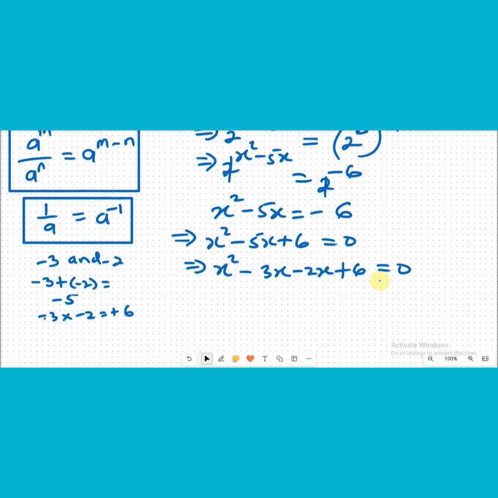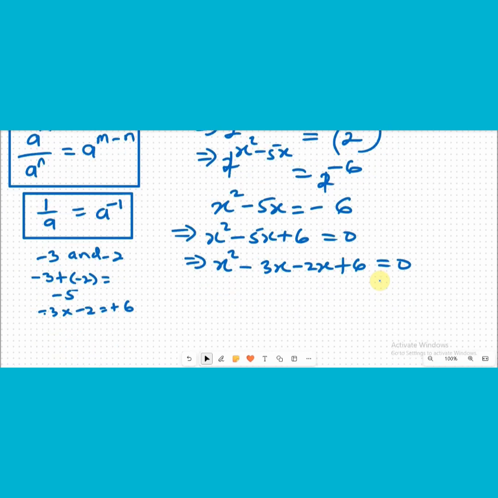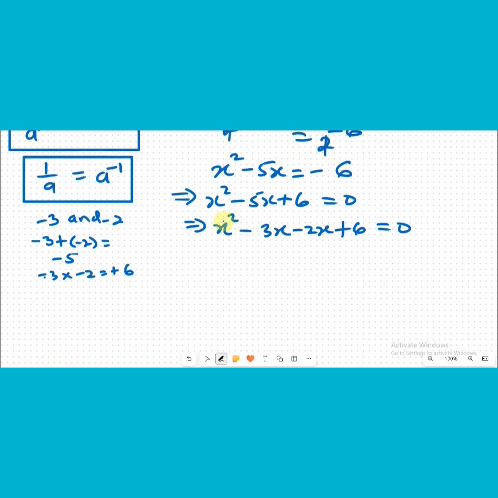Next I'm going to factorize this. I put brackets around the first two terms and the last two terms. Now I look for the common factor between x squared and minus 3x, something that can divide across them and come out of the brackets. This is going to be x.